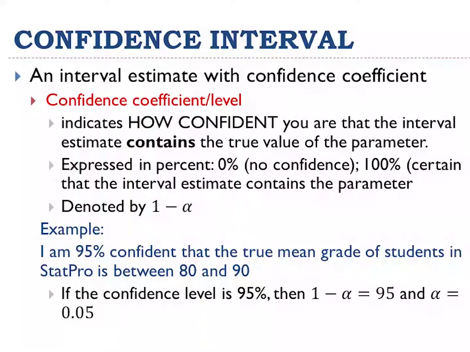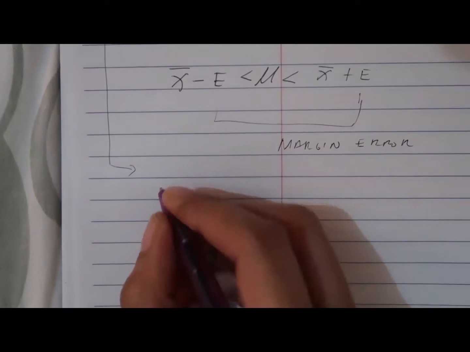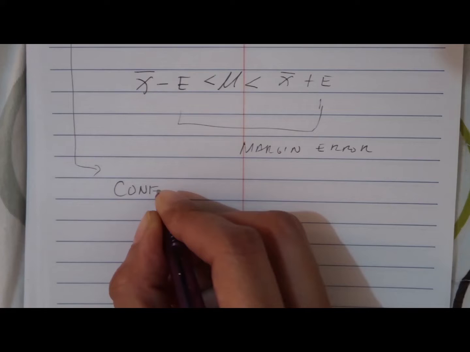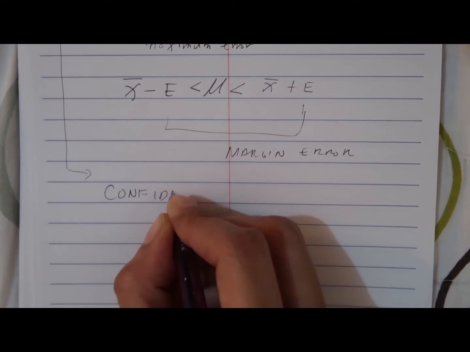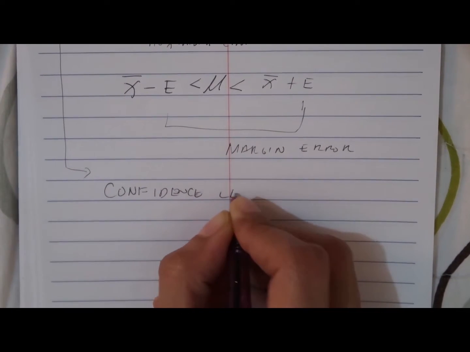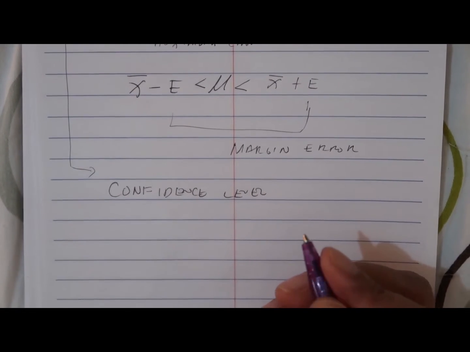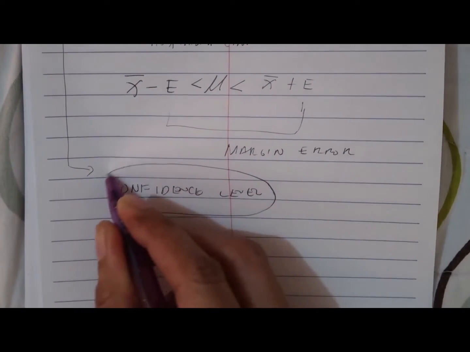So confidence interval: an interval estimate with a confidence coefficient. Under the interval estimate, we have what we call the confidence level. What is this confidence level?